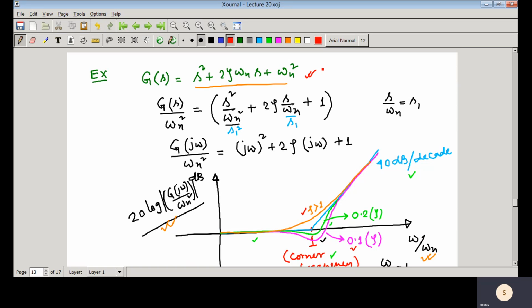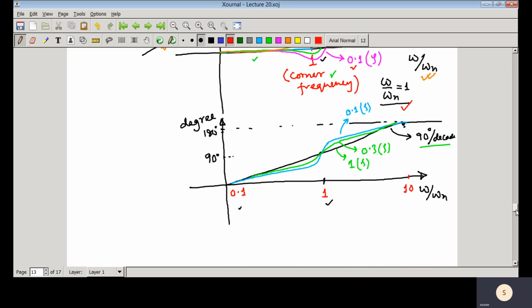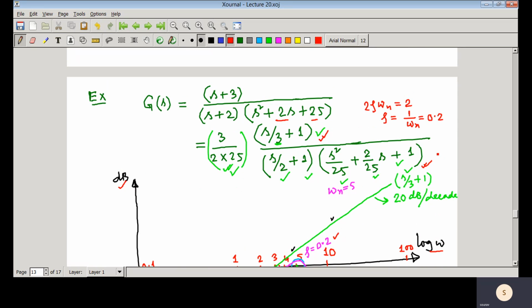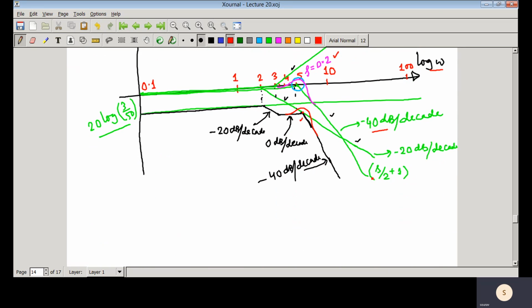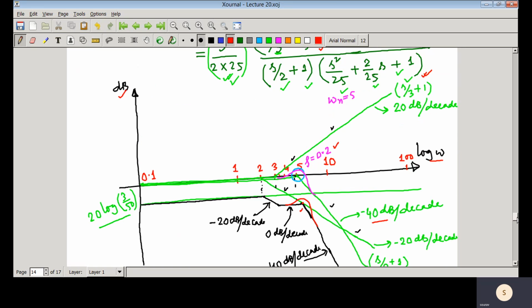So if you have only that factor, your asymptotes look like that. And whenever it goes to the denominator, we have shown that its slope is negative, and we can show all the components and the corresponding asymptotic Bode plot, and this black one is the resultant one.